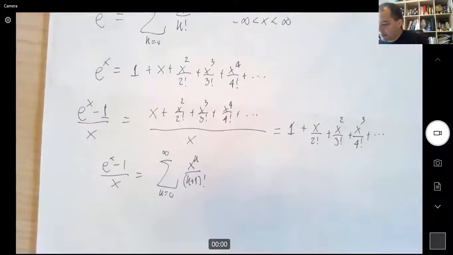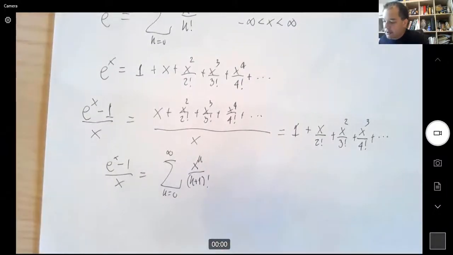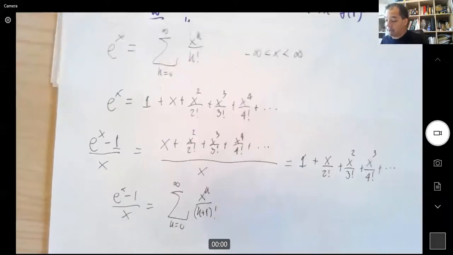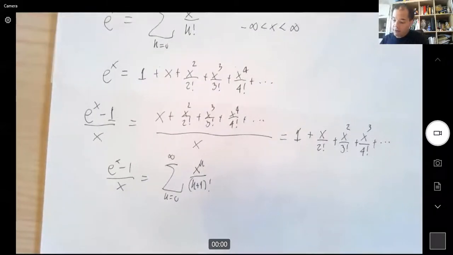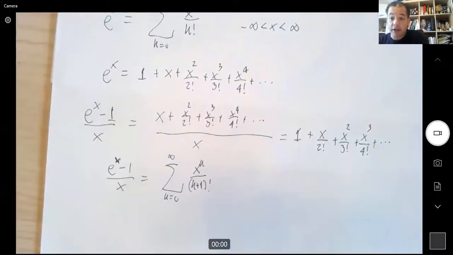Okay, so that was our first request, to get the Maclaurin series for this one, and to use it to get f prime of 1. So instead of doing the derivative of this function, which seems complicated, what we're going to do is take the derivative on the right-hand side.